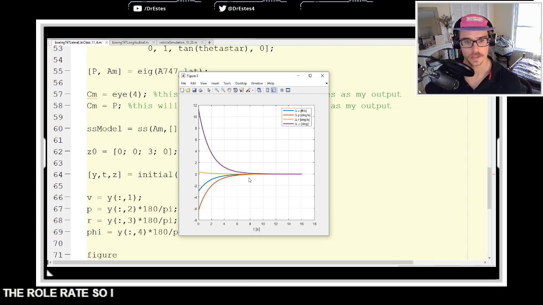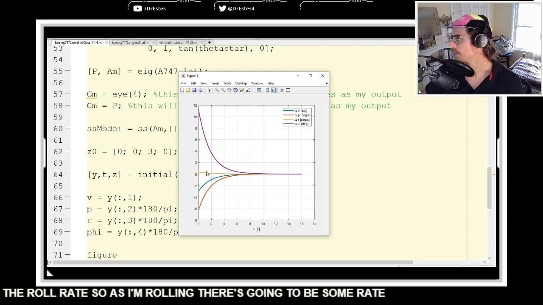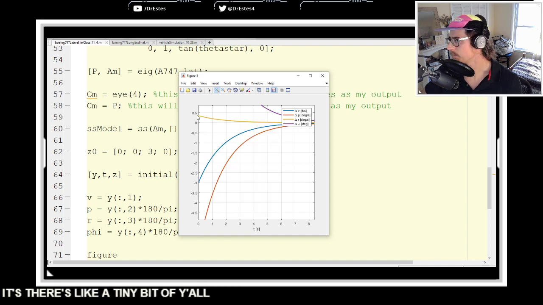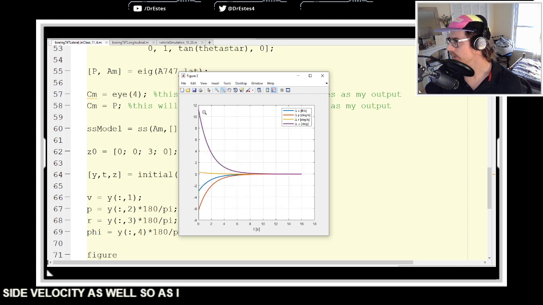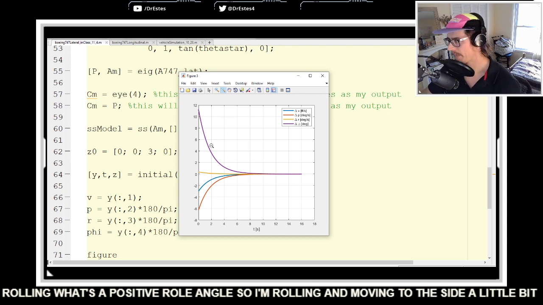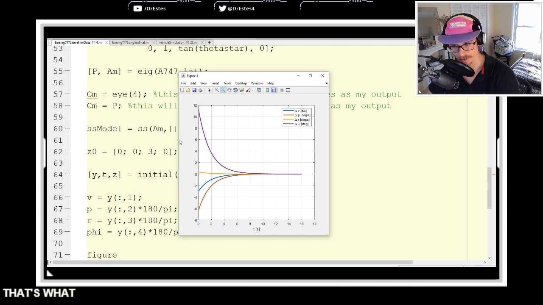So as I'm rolling, there's going to be some rate. And then the yaw rate, look at that. There's a tiny bit of yaw, like 0.4 degrees per second. And there's a little bit of side velocity as well. So this is a positive roll angle, and I'm rolling and moving to the side a little bit. But physically, that's what's going on here.